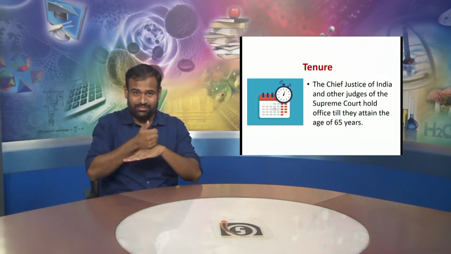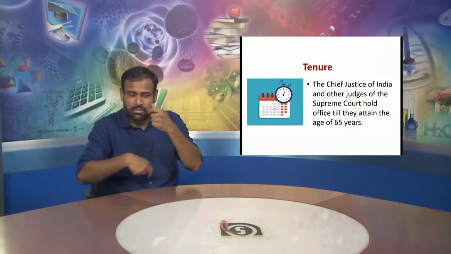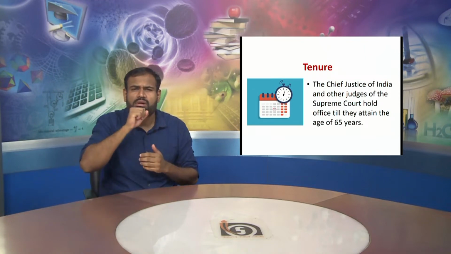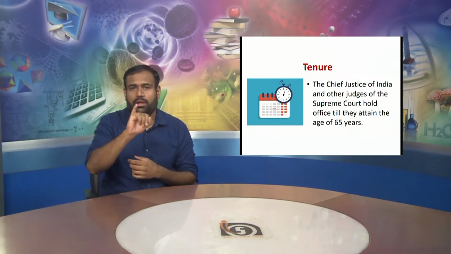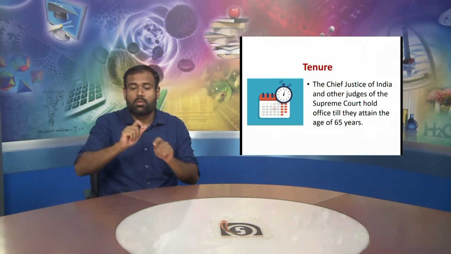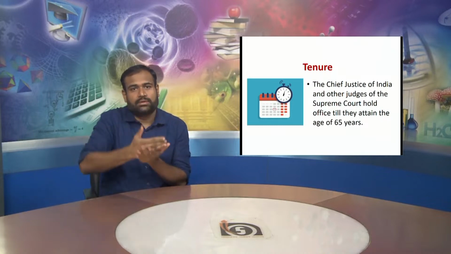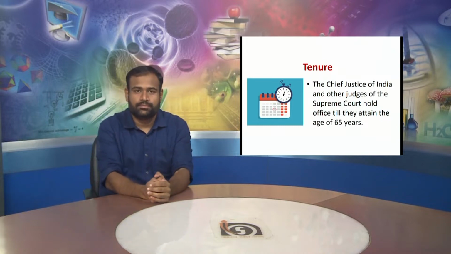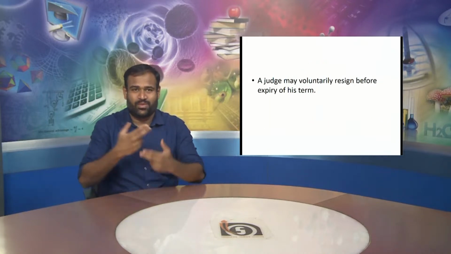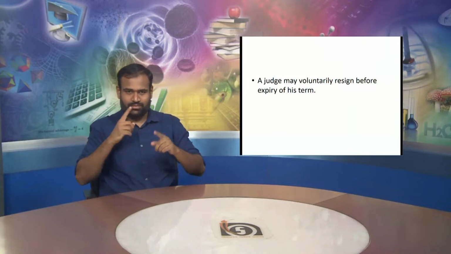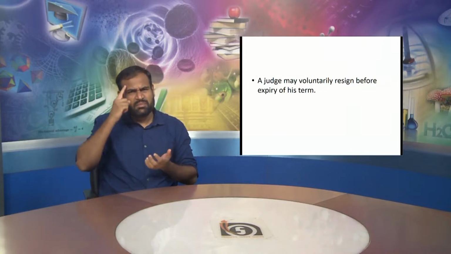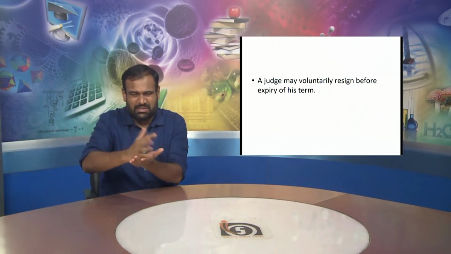Tenure. The Chief Justice of India and other judges of the Supreme Court hold office till they attain the age of 65 years. A judge may voluntarily resign before expiry of his term.